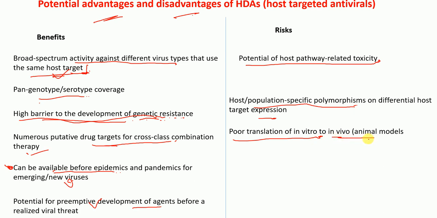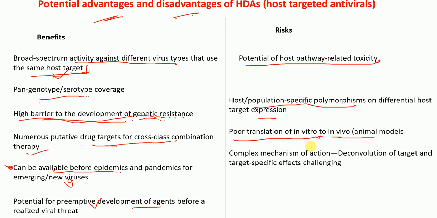Another important thing that I must mention is poor translation from in vitro. We might get better results in vitro, but when we test in vivo models, we get poor translation of what we observed in vitro. So this is one risk.